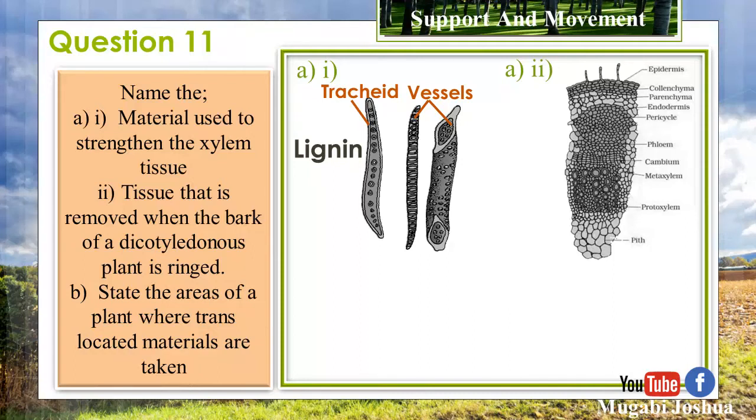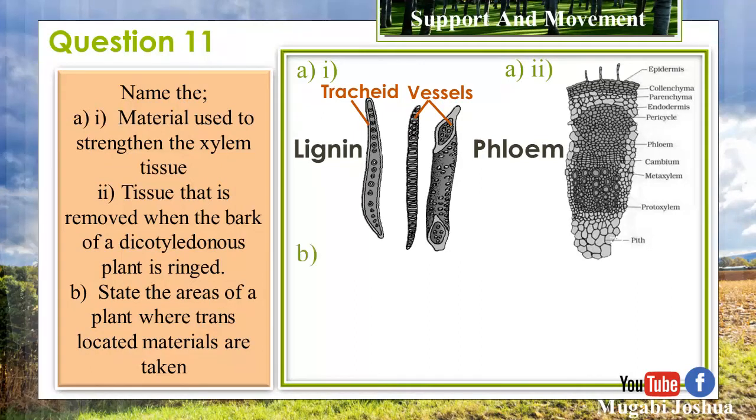When you look at our structure there, from the epidermis, when you are ringing, you remove the epidermis, collenchyma, parenchyma, endodermis, pericycle, and the tissue which forms there is the phloem before you go to the cambium. So the phloem is the tissue which is going to be removed.